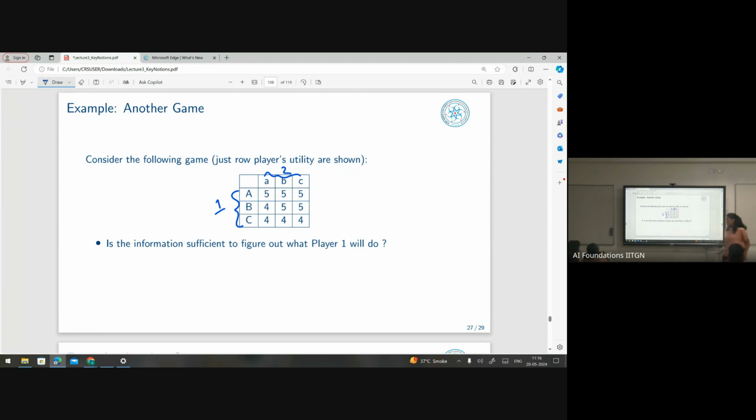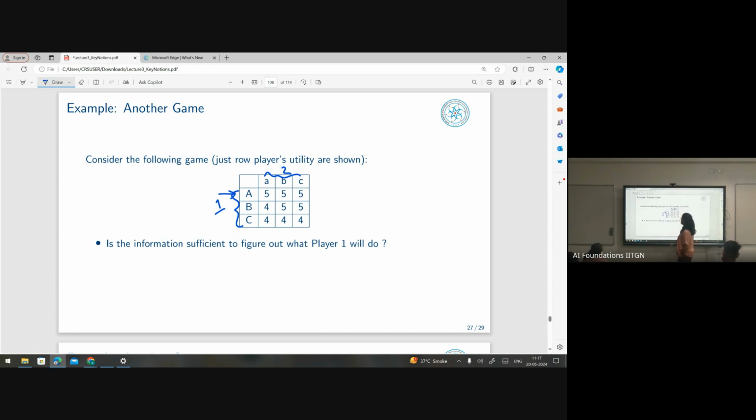So the thing is, if I play A and the other player plays any of the three strategies, the idea is that there is a particular strategy which is giving me the highest utility no matter what the other agent is playing.